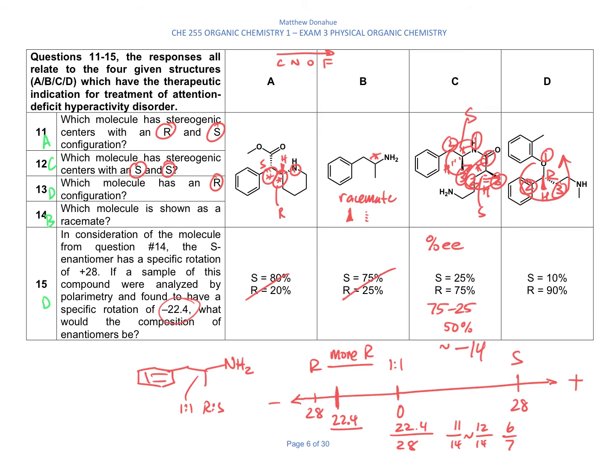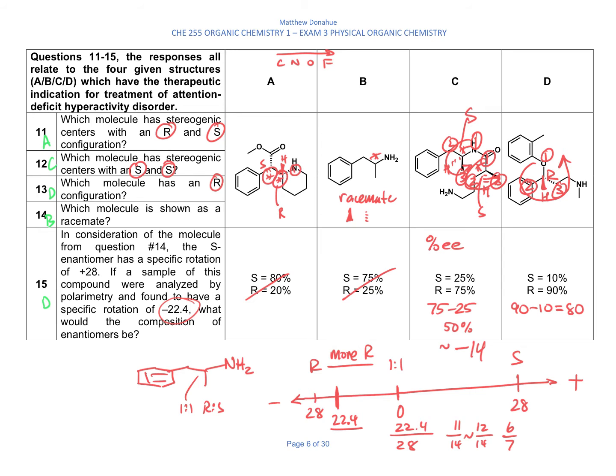But can we reason that out as well? Using the same thing, 90 minus 10, that's giving you 80. And so I would say the 11 over 14 is closer to 80 than it is to 50.